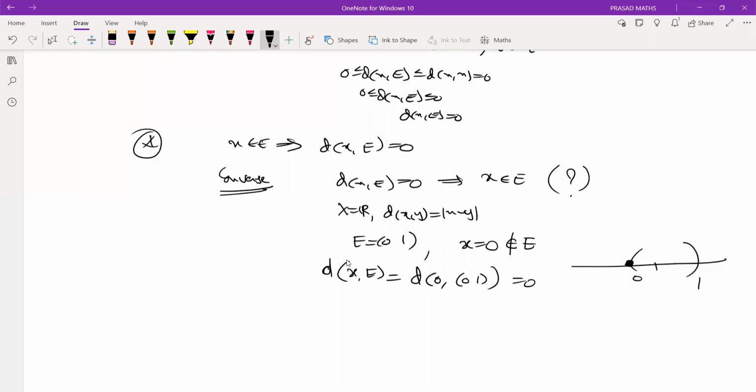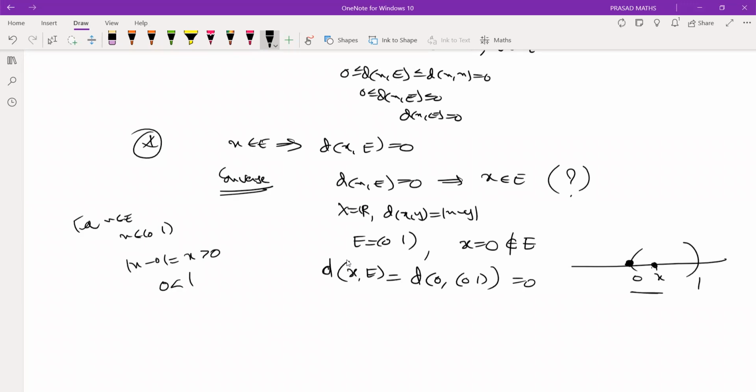Why? Because if you take any point in the set, that means x belongs to the open interval (0, 1). The distance between this and this is nothing but x, because x is positive. Because x is to the right side of 0, x is positive. Therefore, this is always positive.